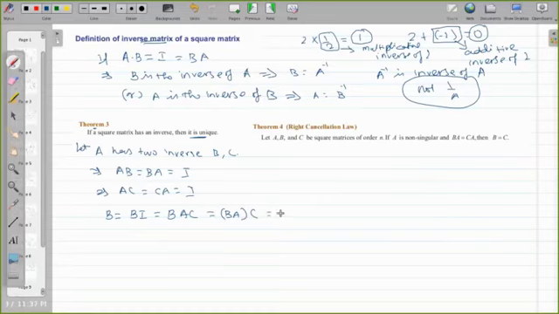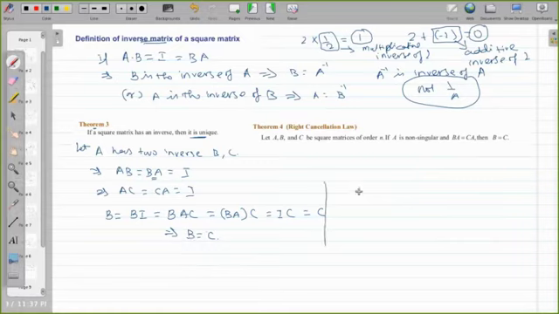You know, children, what is BA? BA is I, so I into C. Children, we know what IC is? C only. So this implies we get B is equal to C. You understand? B is equal to C. That means it has a unique inverse. Even though you take many inverses for the given matrix A, all are the same only. So try to understand this one.